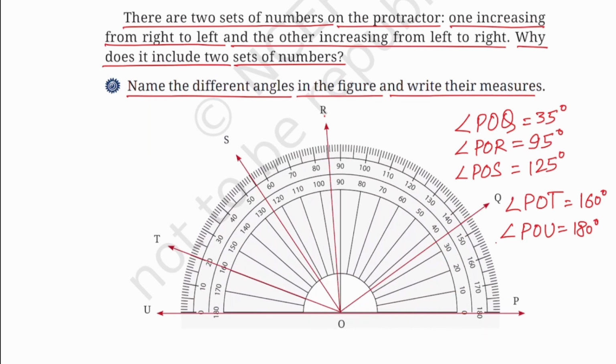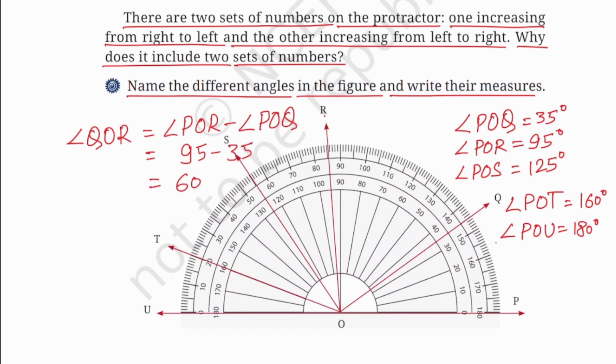For example, angle QOR. QOR can be written as angle POR minus angle POQ. That is 95 minus 35.